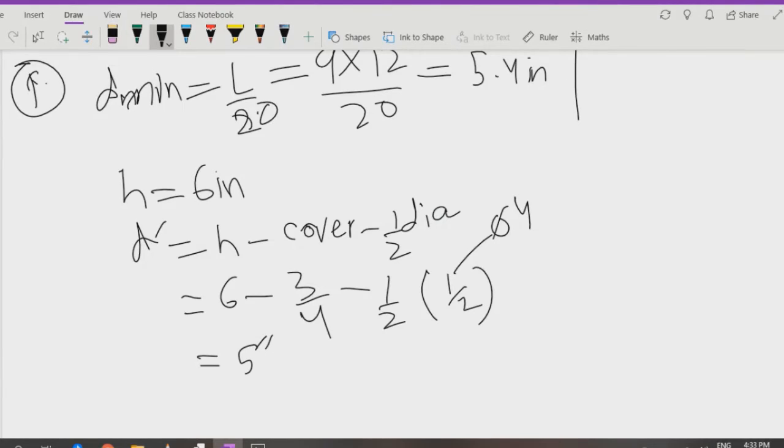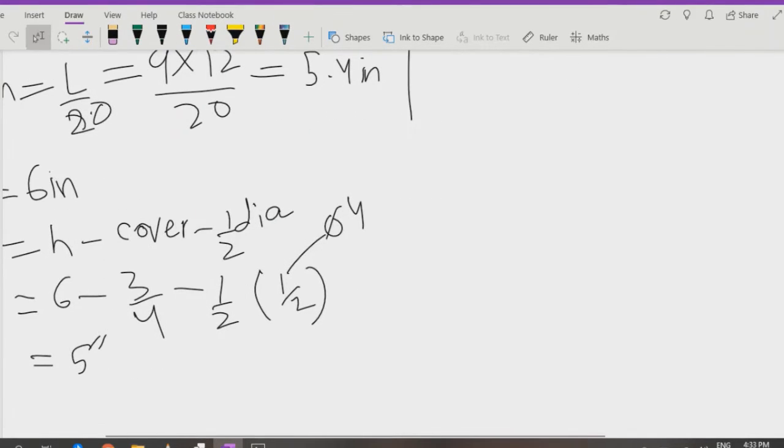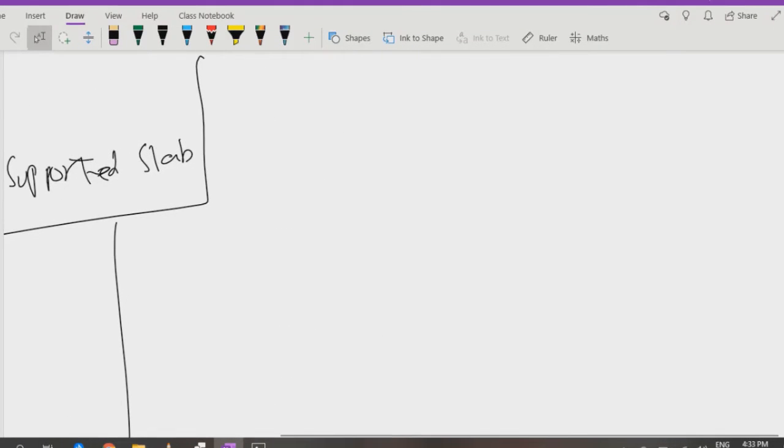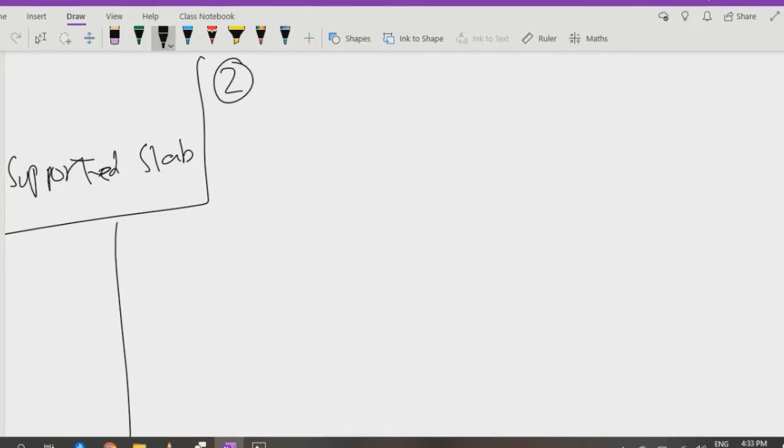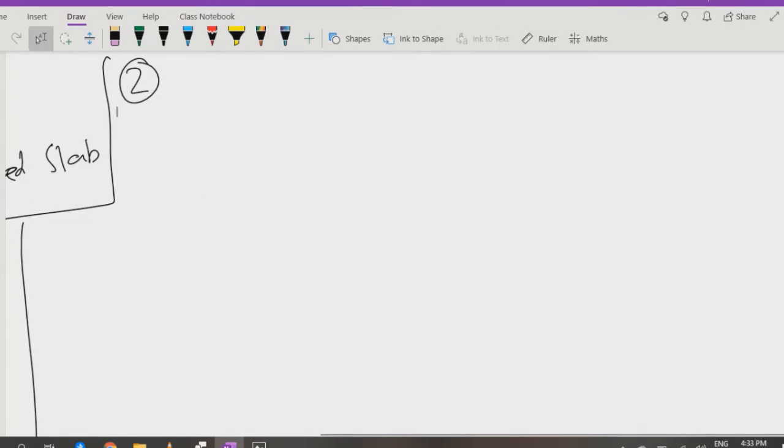Now proceeding towards our second step. The second step is to calculate the factored load Wu. Before calculating factored load, I have to calculate dead load.